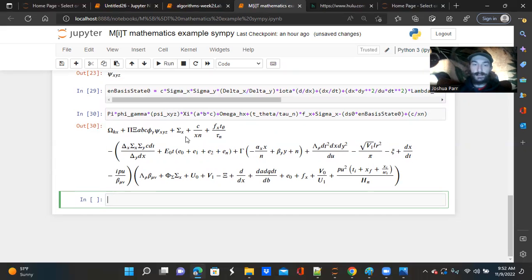And what we're doing is a summation of x as it approaches the max, where we're going to cap this one off probably at sigma big X. So as X approaches sigma big X, plus C divided by Xn plus the function X T theta divided by tau of N, where tau is the collective time variance of everything.